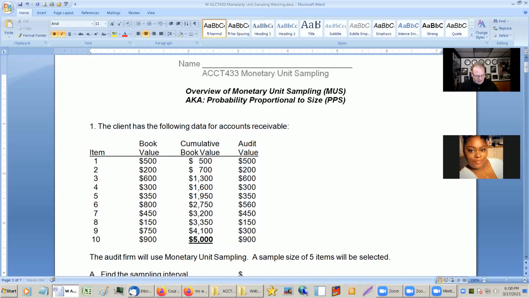It's also known as dollar unit sampling.